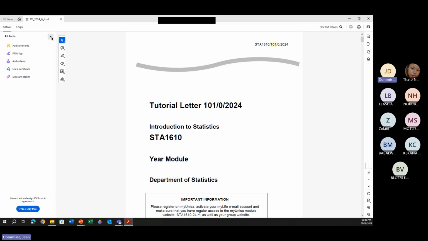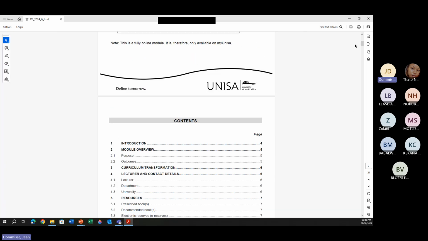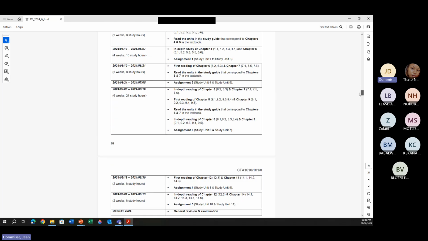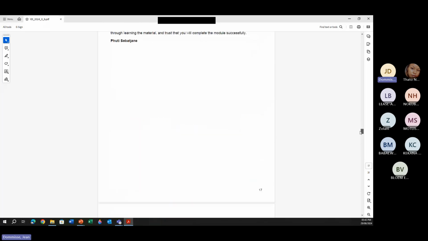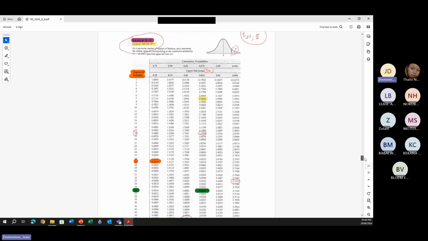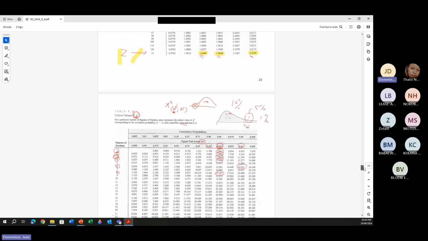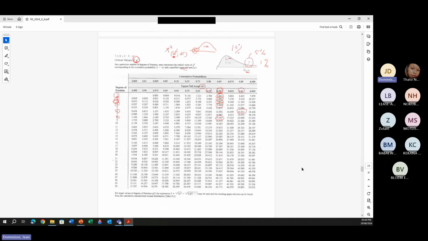If you don't have it, it is supposed to be under resources in your MyUnisa platform. Let's get to the chi-square. Let's just clear this a bit so that we can work with it.